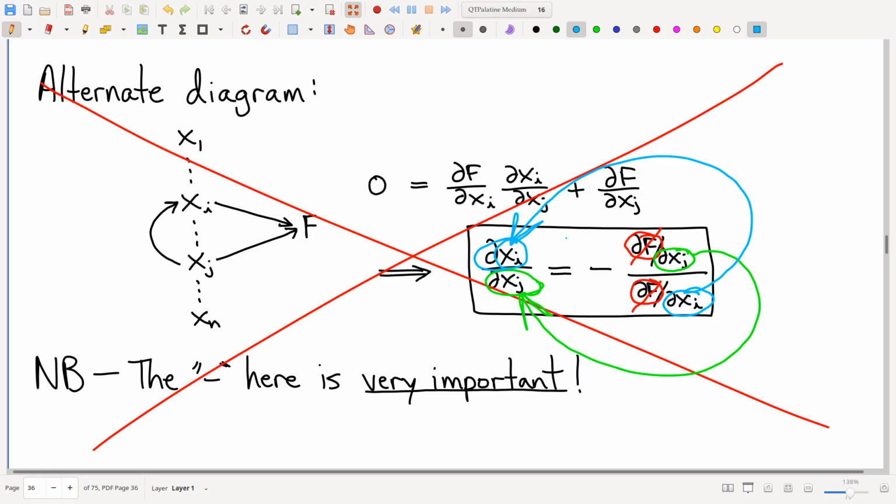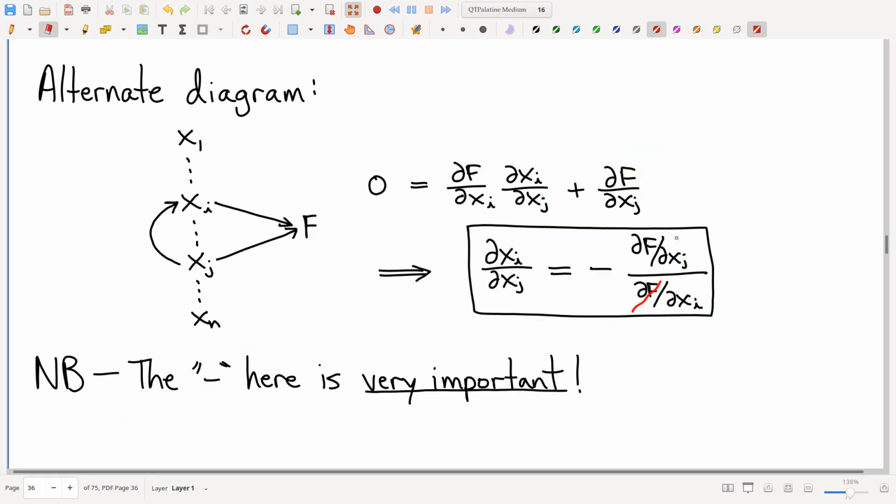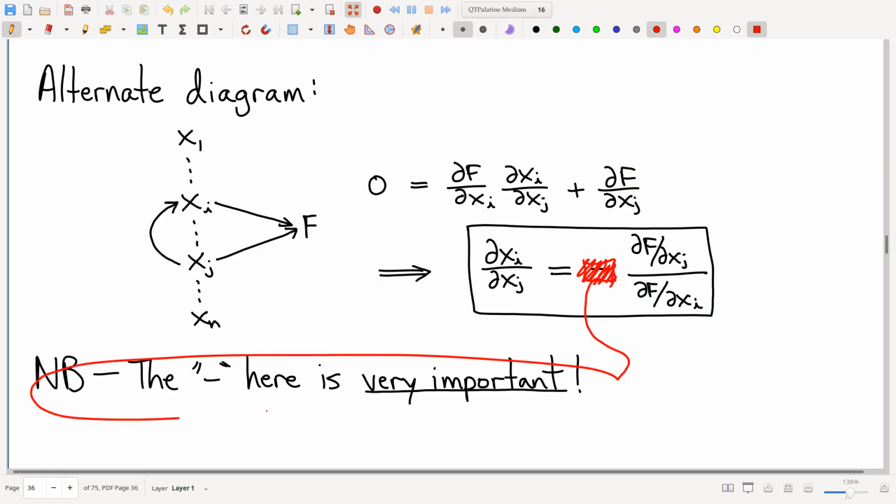And then they figure there must not be any need for that minus sign right there. And so a great many students will just fail to put that minus sign in there. And that's a huge problem because that's wrong, right?